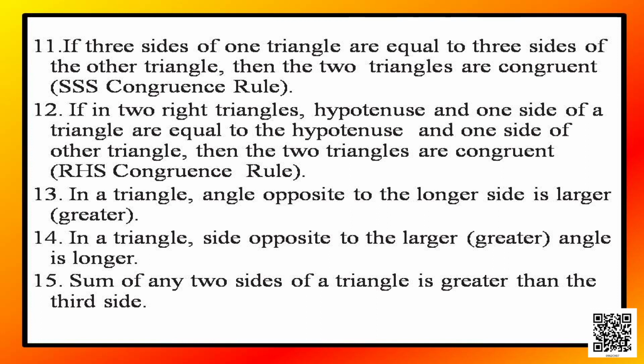In a triangle, side opposite to the larger or greater angle is longer. 15. Sum of any two sides of a triangle is greater than the third side. So students, we have discussed the summary of chapter 7. With this, we have come to the end of chapter 7, that is your triangles.